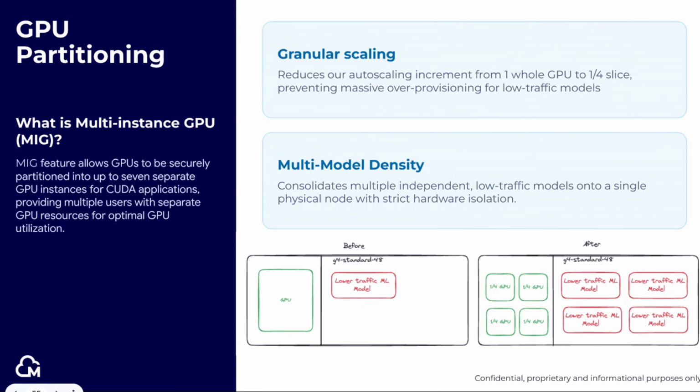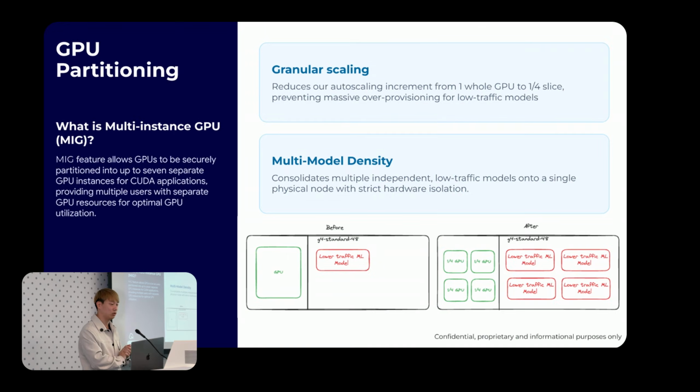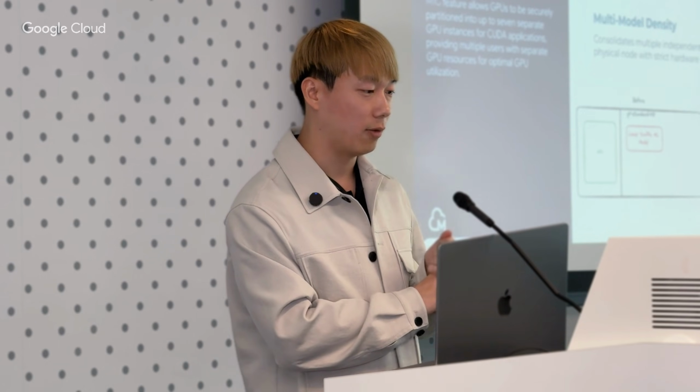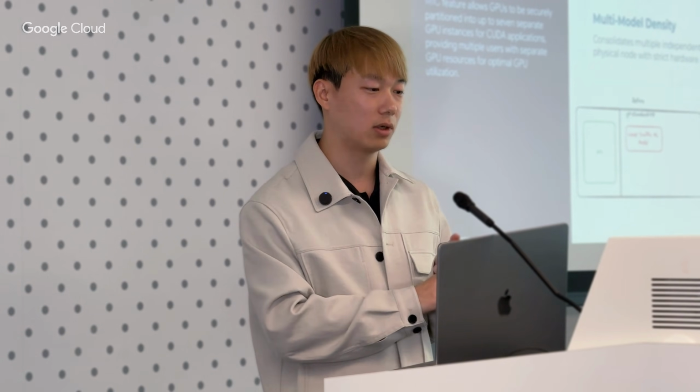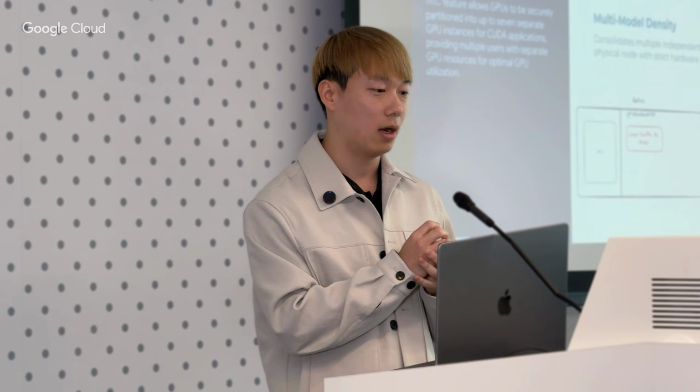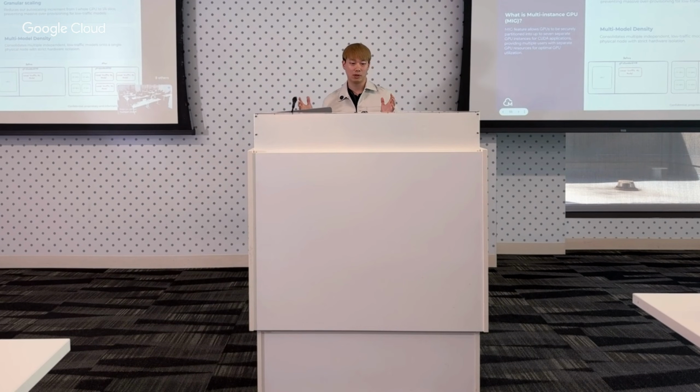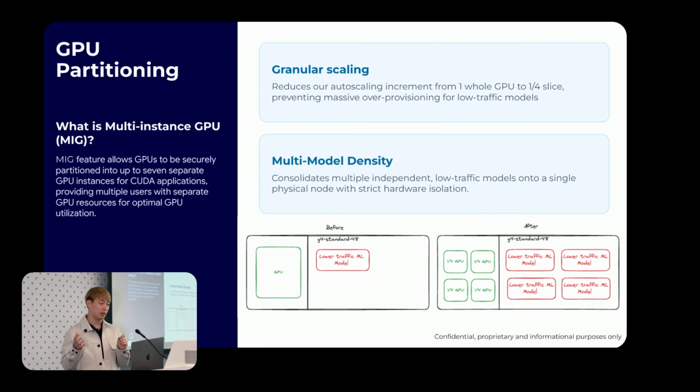How this helps us is granular scaling and serving multiple models. First, for granular scaling, it reduces our autoscaling increment from one whole GPU, which is really powerful. G4 itself is pretty powerful, but we may not need the whole GPU node to serve the whole traffic.